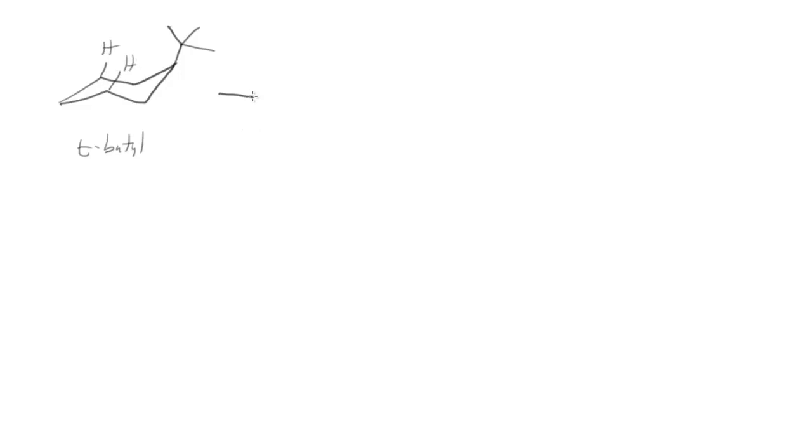So if I have to choose between the two, I can ring flip. Again, here I have the axial. Here I have the equatorial. And now the equatorial is favored about 4,000 to 1, which is from 4.9 kilocalories per mole energy difference between those two.